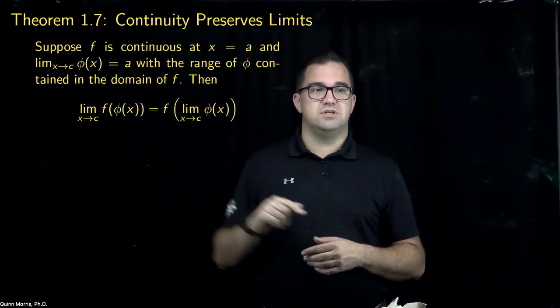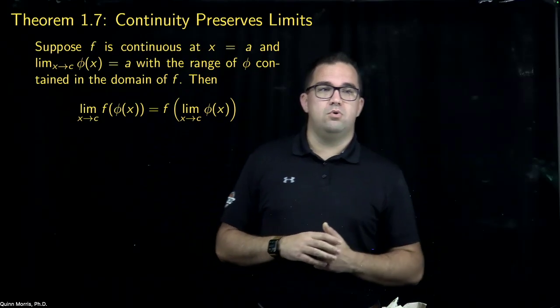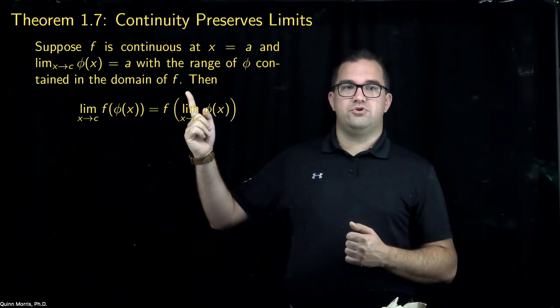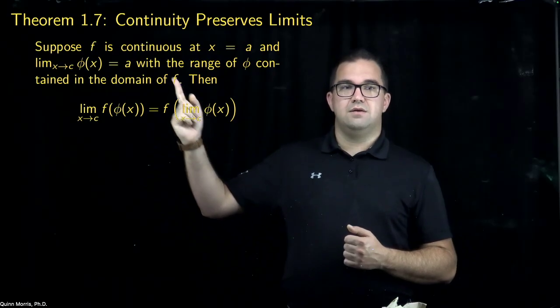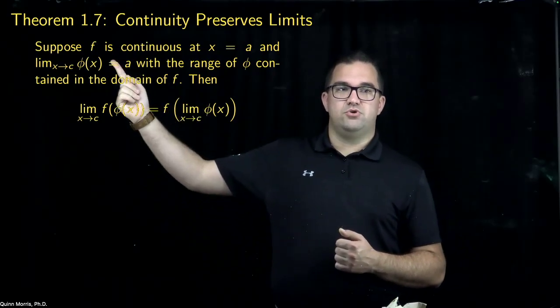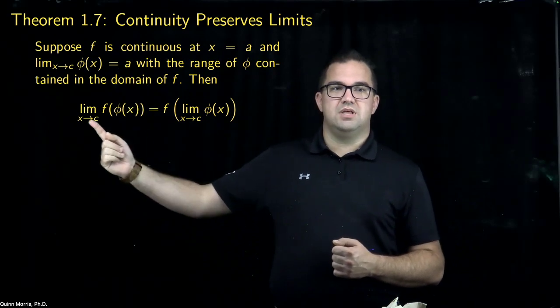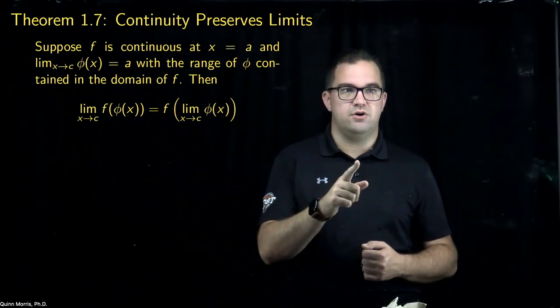And notice that the first function is the continuous one. So what this is saying is that if you want to calculate the limit of a composition of two functions, and you know that one of them is continuous, you can just push the limit inside the continuous function.